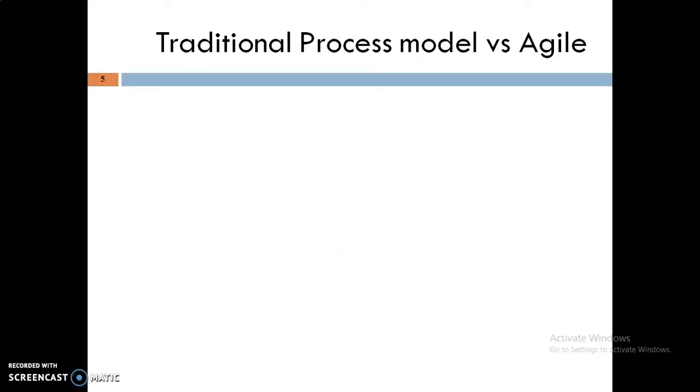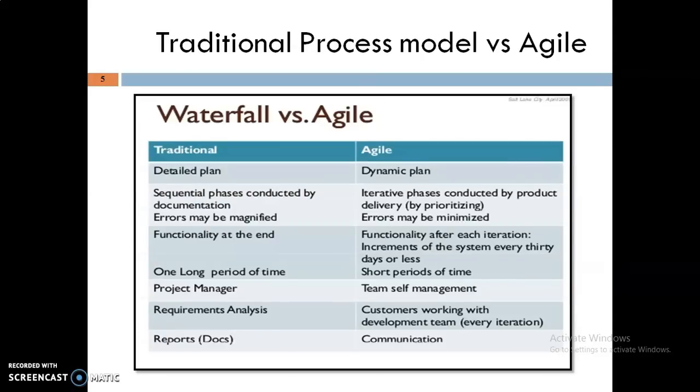Then traditional process model versus agile. When we compare the traditional waterfall model with the agile model, the waterfall model follows a detailed plan at the start of the project, but in agile, a dynamic plan is prepared at the start of the project.